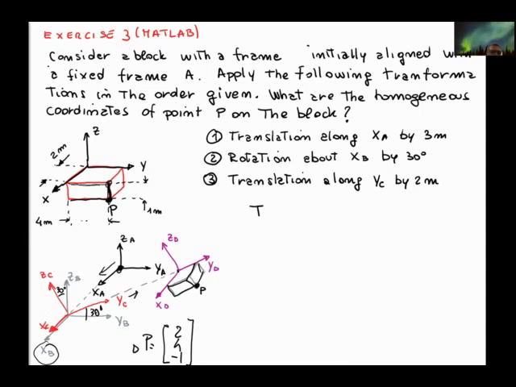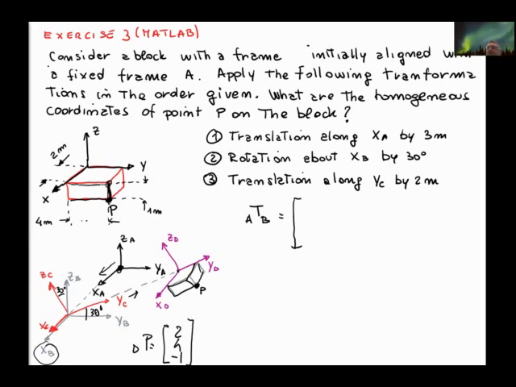So first, we can start to compute the homogeneous transform from frame A to frame B. And how does it look like? This is a pure translation. We just saw it a few seconds ago.